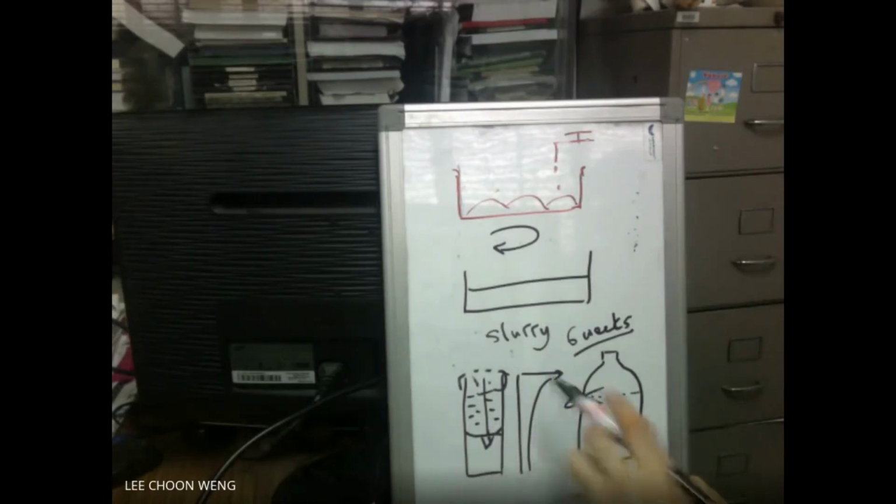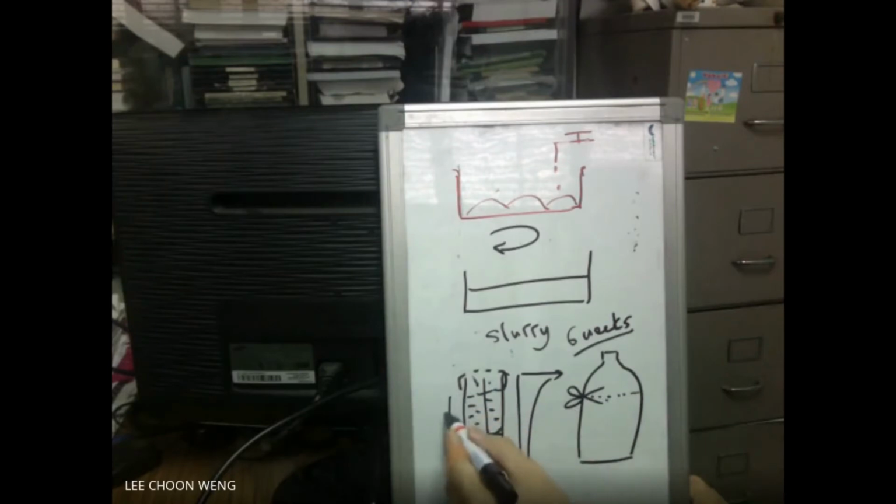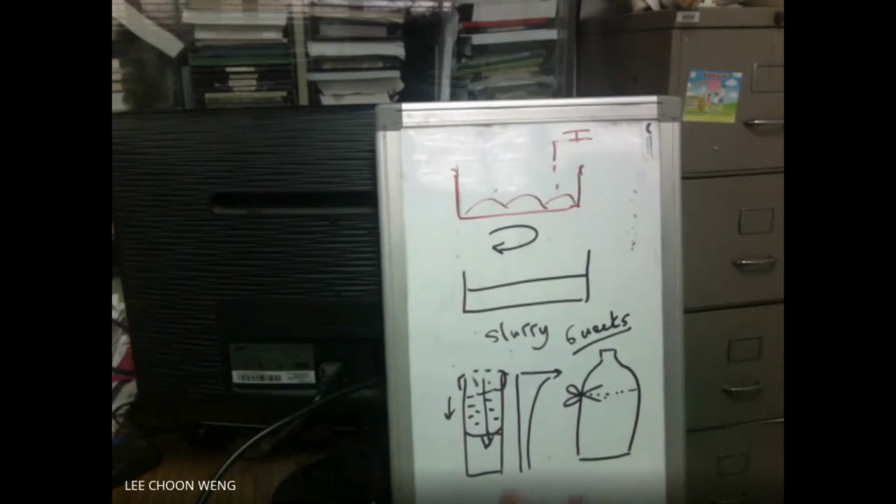If you find that the water level has decreased over time, you can top it up, make sure that it doesn't dry up. If it dries up, then your whole column will spoil. So this is how you should be doing your Winogradsky column.